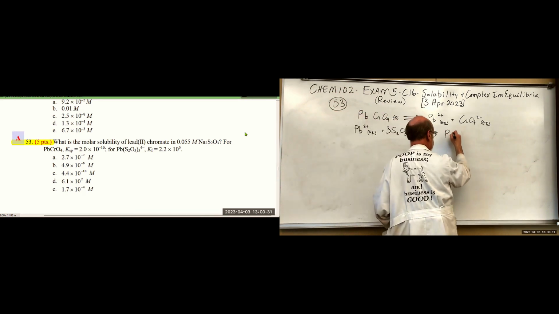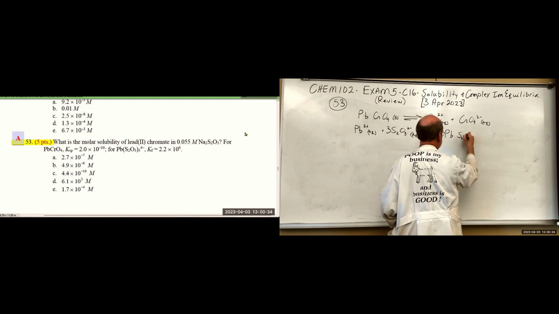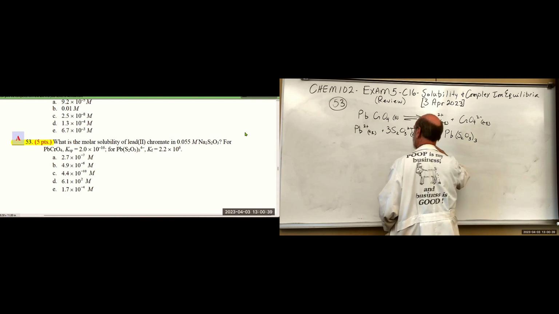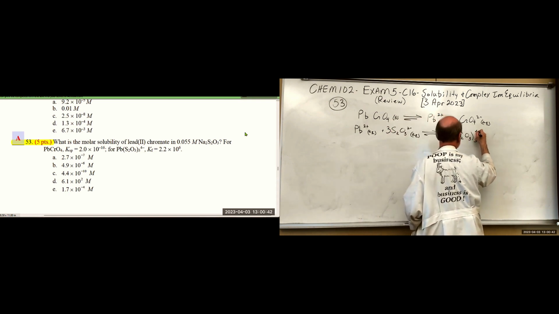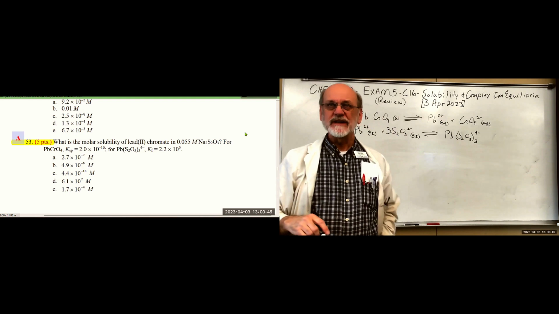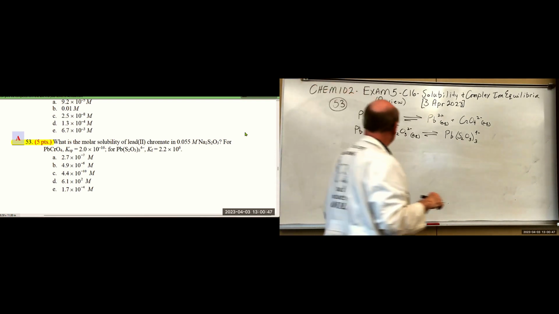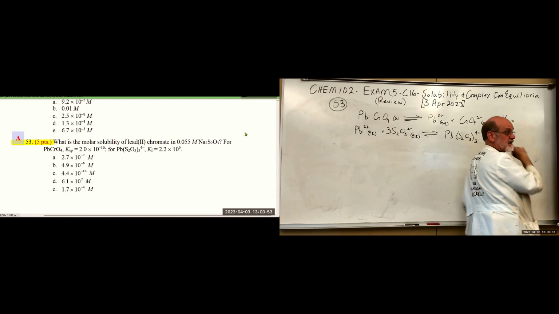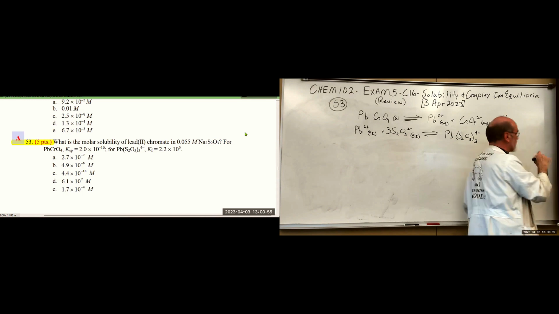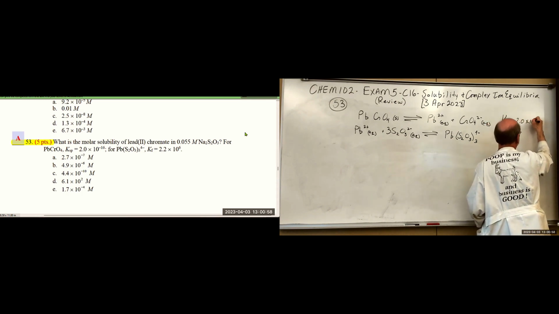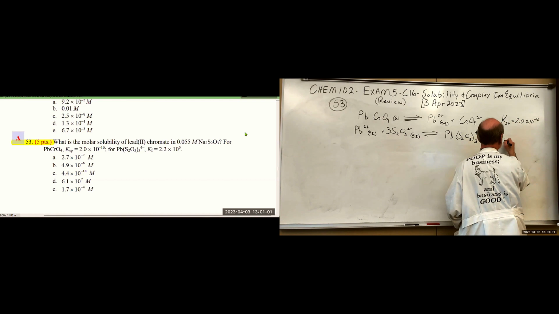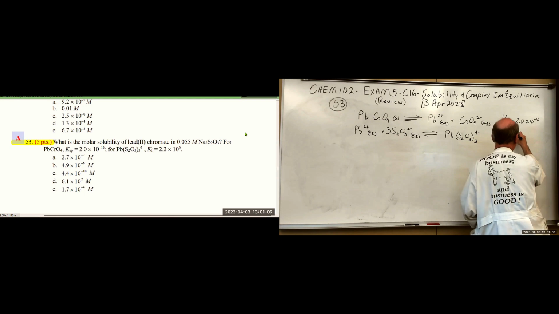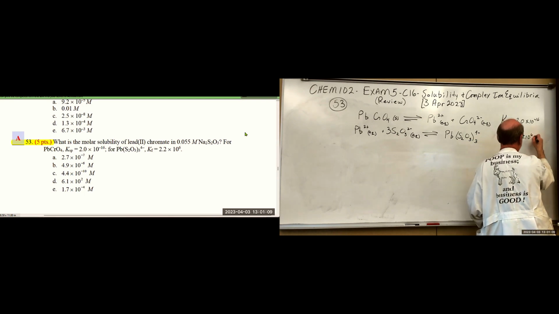Okay. So we get this complex ion. And that means 4 minus, I do believe. And the Ksp for this one is 2 times 10 to the minus 16. And the Kf for this one is 2.2 times 10 to the 6th. Here we go.